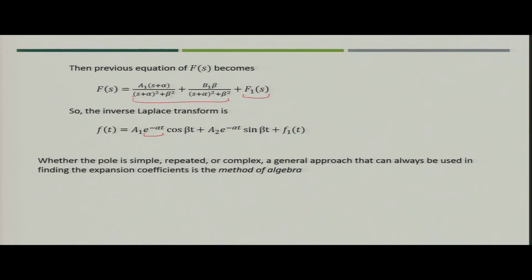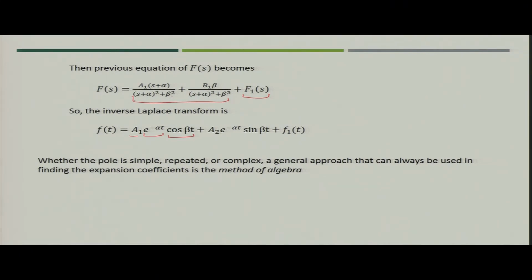So, you can simply write the inverse Laplace transform of this would be a1 into e to the power minus alpha t, because here you have s plus alpha. You will use the frequency shift property and say that it is e to the power minus alpha t into the function f(t), which is cos beta t here.